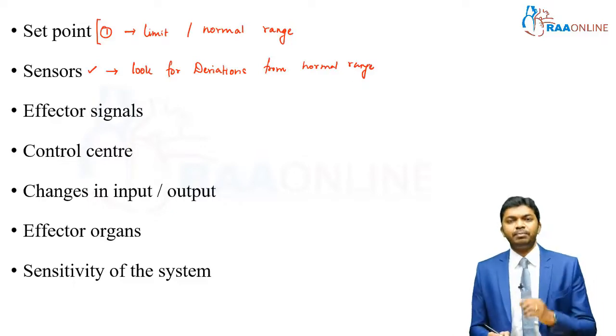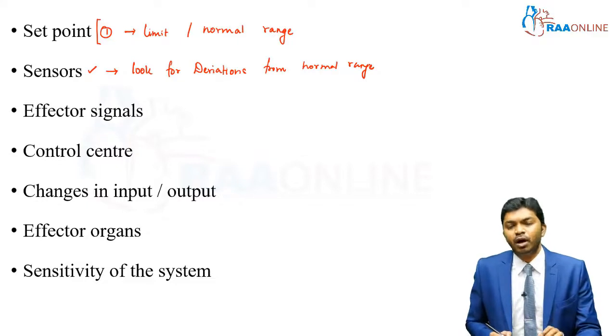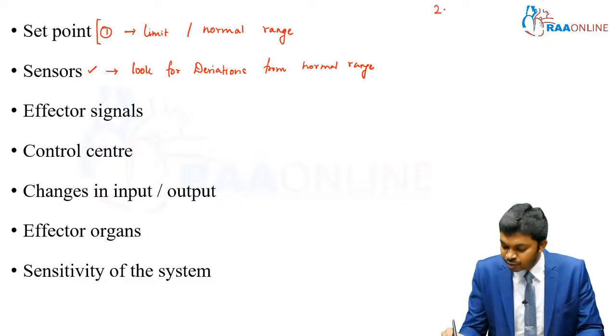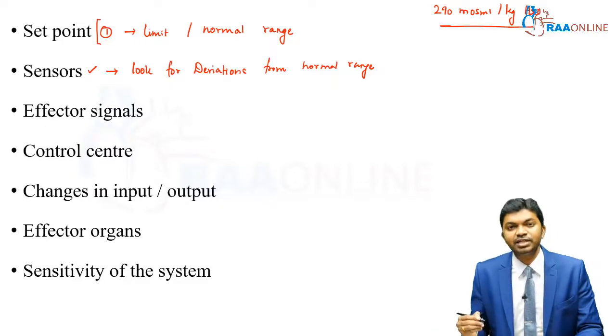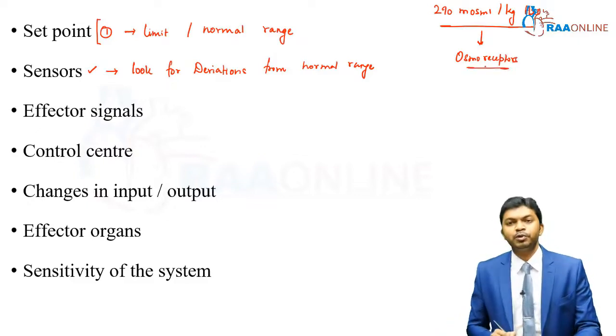Alright, for example, let us take interstitial fluid osmolality. The osmolality of interstitial fluid is 290 milliosmoles per kilogram of water. This osmolality is sensed by a sensor present in the hypothalamus called osmoreceptors.